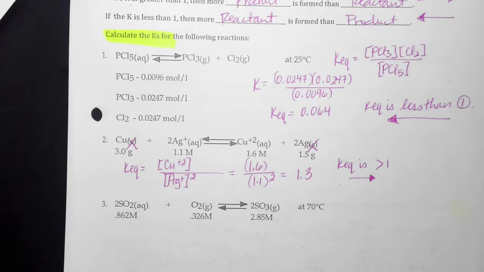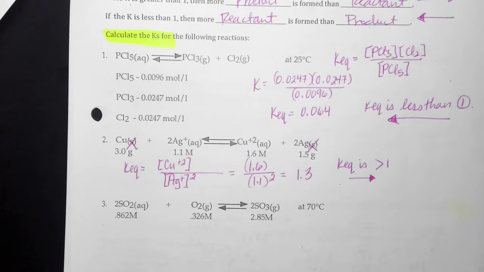Okay, so we said that K is the mathematical relationship. This is a model. Models are really good at telling us certain things about a system. In this case, the K value model tells me about the relationship between products created in equilibrium and reactants available at equilibrium.